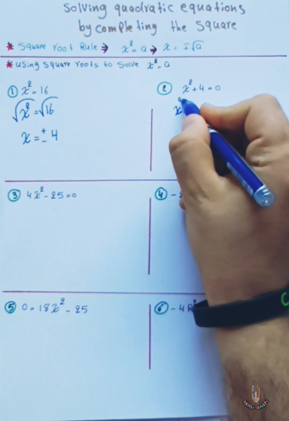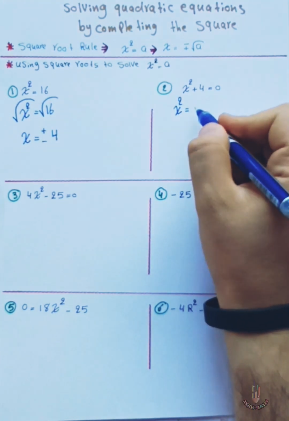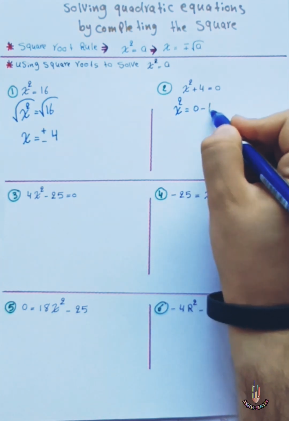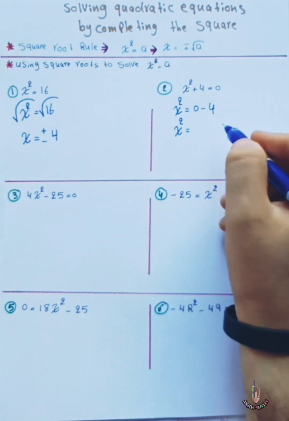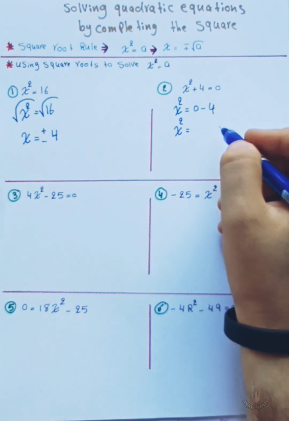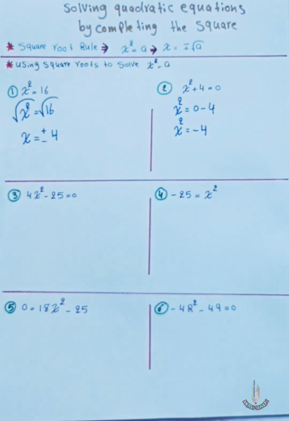When we move positive 4 to the right side, it becomes negative 4, so 0 minus 4, and then x squared equal to negative 4. So there is no real number whose square is negative, so this equation has no solution.